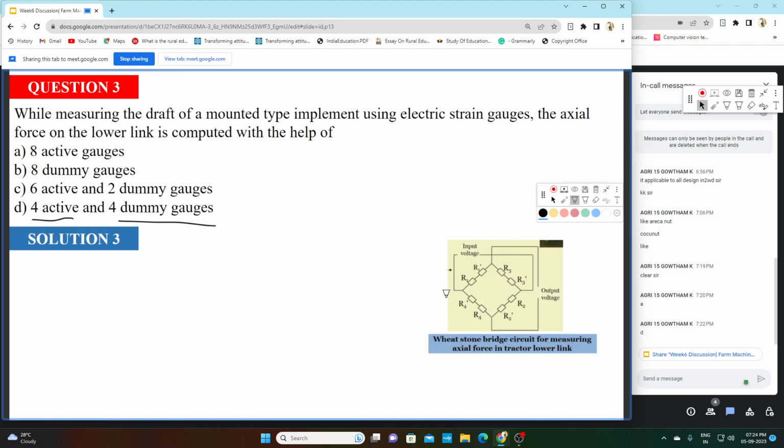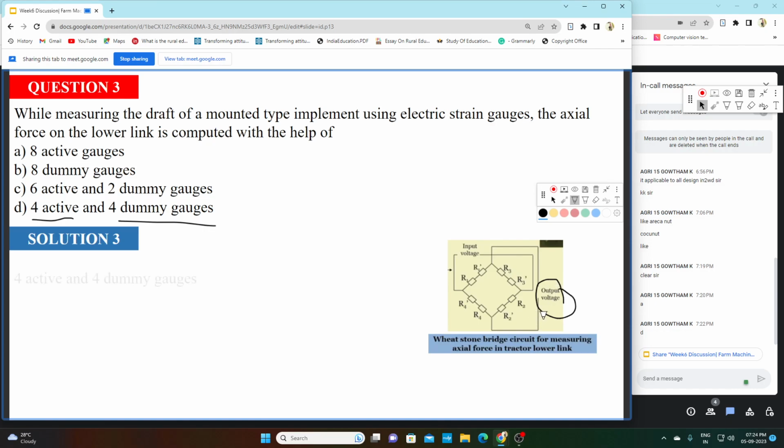In those cases the dummy strain gauges also come into action, and our error gets reduced. That is why we use 4 active gauges as well as 4 dummy gauges to get the output voltage.